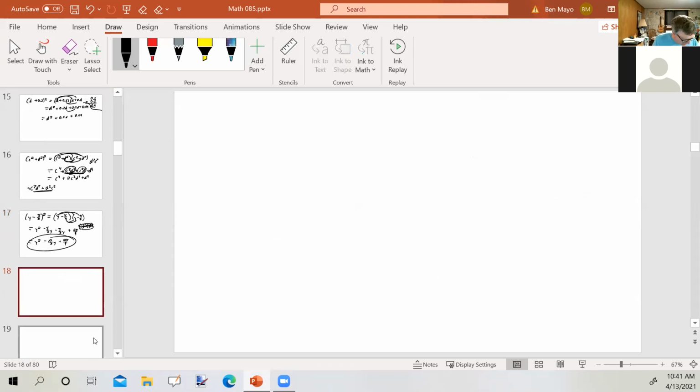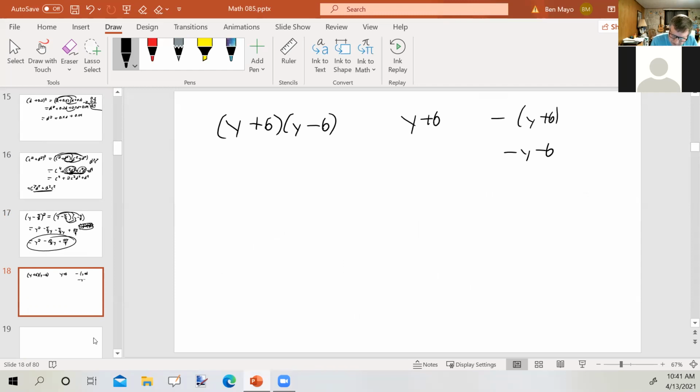Now we're going to look at a completely different situation. Here, we're starting out with two factors that are not the same. They're not even opposites. The opposite of y plus 6 would be negative y minus 6, and that's not what we have here. These are called a conjugate pair.